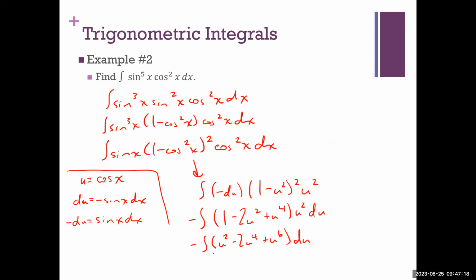Yeah. Tell me what it is. Negative u to the 3rd over 3, minus 2u to the 5th over 5.